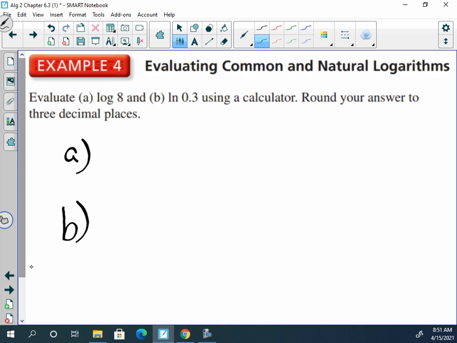Evaluate log of 8 and natural log of 3 using a calculator. Round your answer to 3 places. If I want to find out what log of 8 is, I'm going to hit log of 8. And since it doesn't have a base, we can just use base 10. So we can just use the log button, 8, and we get 0.9030.